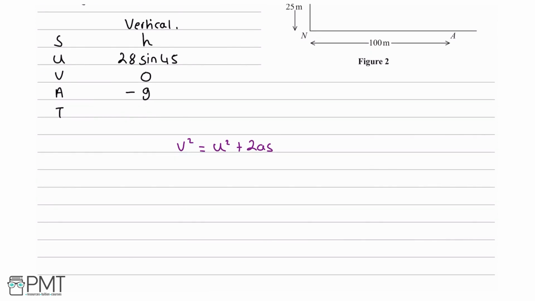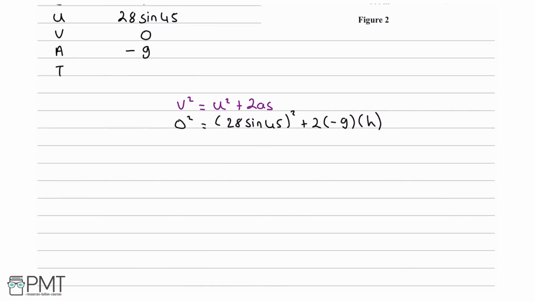So we have 0 squared equals u squared, which is (28 sine 45°) all squared, plus 2 times a, which is minus g, times s, which is h. We can rearrange this to say that 0 equals (28 sine 45°) all squared minus 2gh.